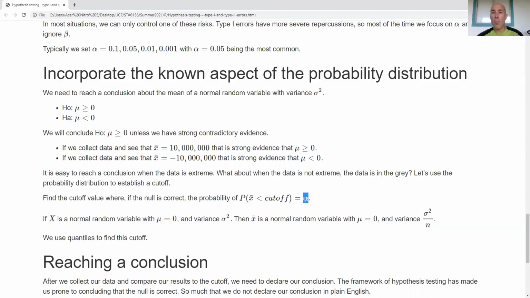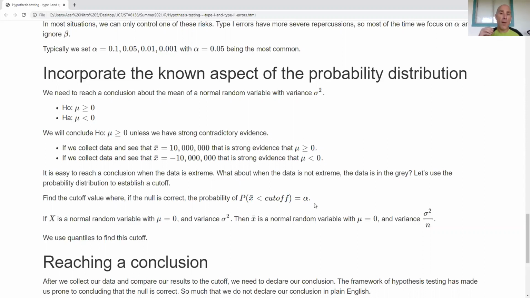From a probability point of view, I'm basically saying that if things were completely random, I would take a risk of the wrong mistake, in terms of a type 1 error, no more than this frequency in terms of probability. I'm going to be using my sample average, and if I get something more extreme than my cutoff, I'm going to go away from the null hypothesis.